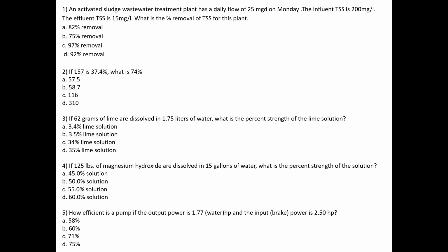How efficient is a pump if the output power is 1.77, water horsepower, which I'll explain in a second, and the input or the brake horsepower is 250 horsepower. The answers are in percentage, so you know you're multiplying it by 100. Mathematically, this is very simple: 1.77 divided by 2.50 multiplied by 100. But if you don't understand the meaning of the terms, it's meaningless to you.